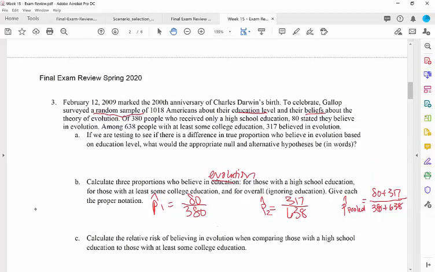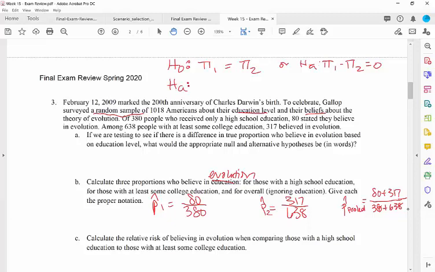Yeah. So I'm going to write notation up here and then words down here because there's more room. So we're looking at pi 1 and pi 2 and the relationship between those. There are two ways you can write the null: you can write that they're equal, or that the difference in proportions is equal to 0. Because it's categorical, we're using pi, and because we're doing a comparison, we're using pi 1 and pi 2.